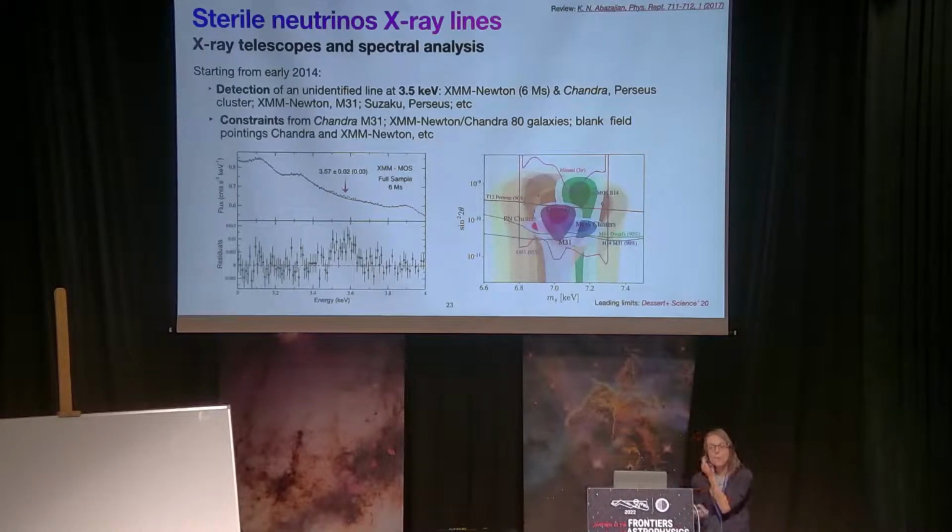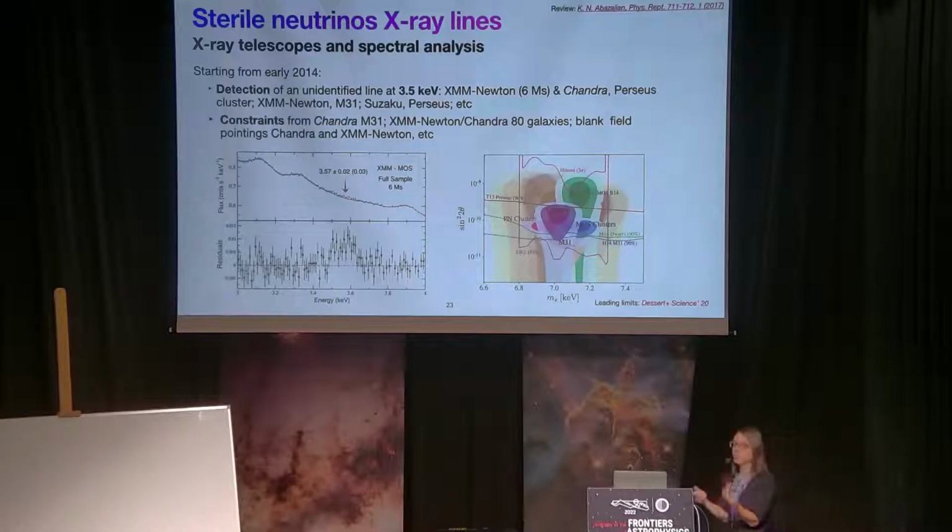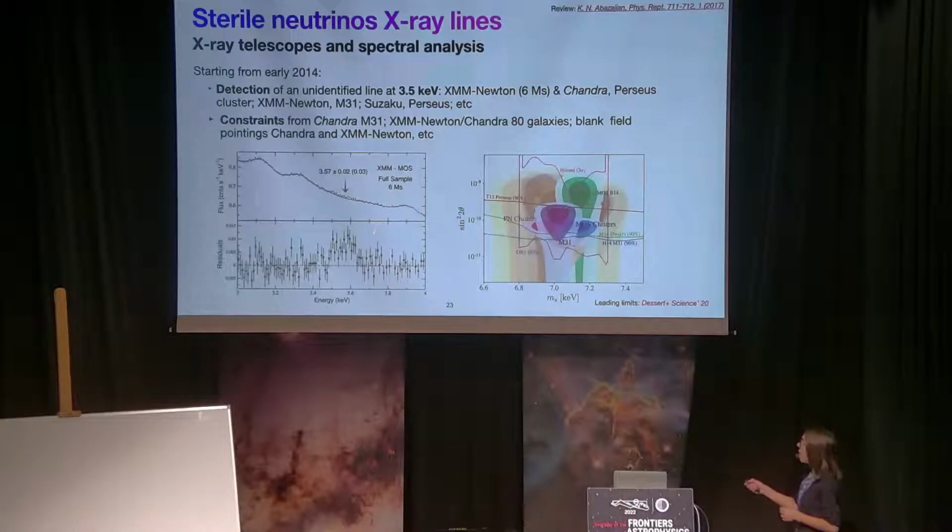So what do we do to look for lines for sterile neutrino dark matter? Well, we have predictions for sterile neutrinos to be in the keV range, so we have to go to the X-ray band. This is something that has been done regularly in the past, where you measure the count rate of the X-rays detected by some telescope as a function of energy.